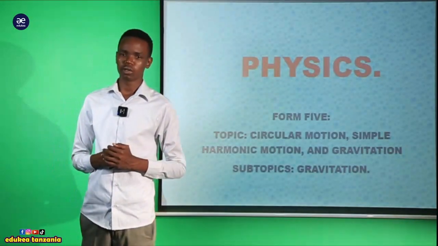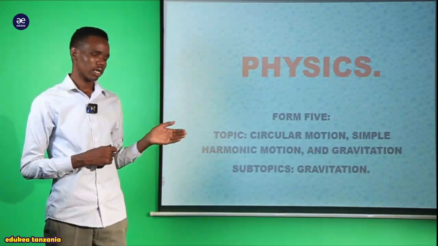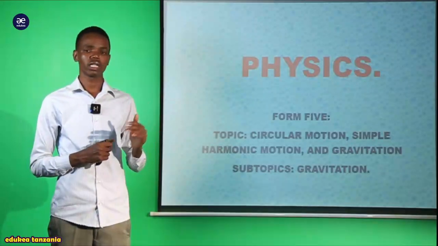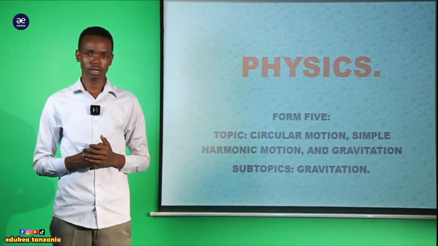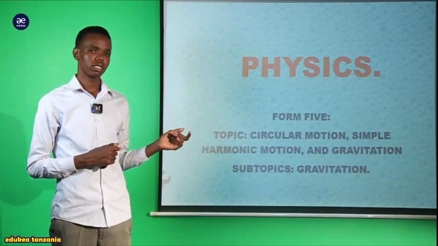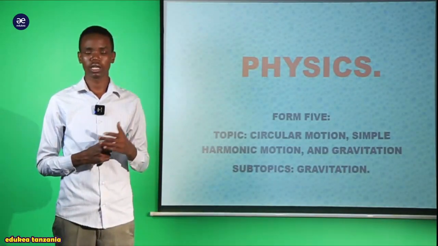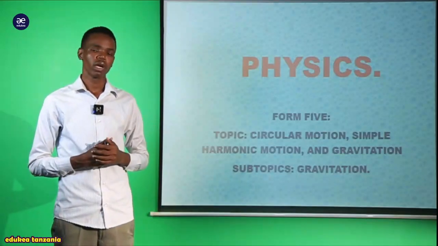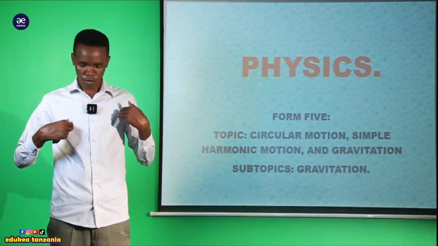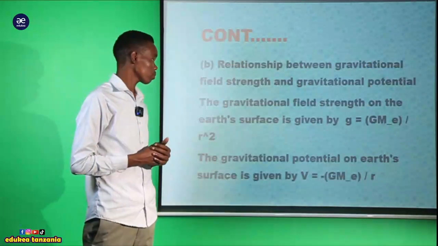And we obtained that the gravitational potential must be equal to negative GME divided by R, while the work done is obtained by taking the gravitational potential times the mass.